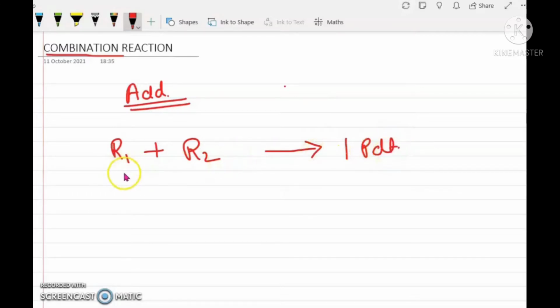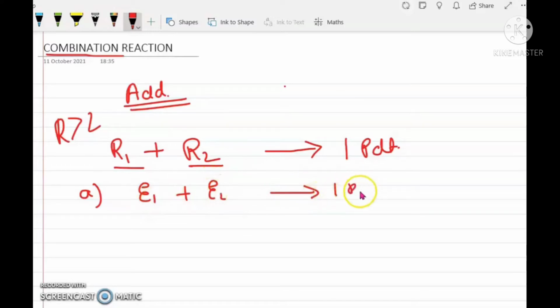Over here I am taking only 2 reactants, but there can be more than 2 reactants as well. Now you can have different varieties of reactants coming together. You can have 2 elements as reactants coming together to give you one product. You can have one element and one compound coming together to give you one product.